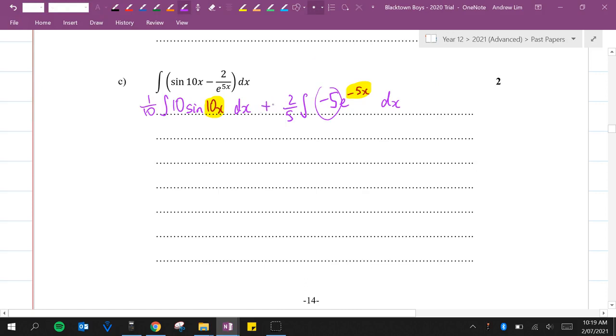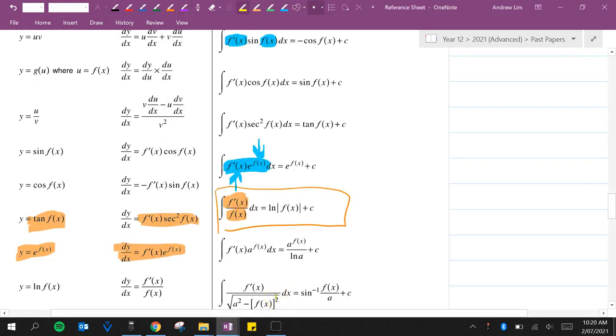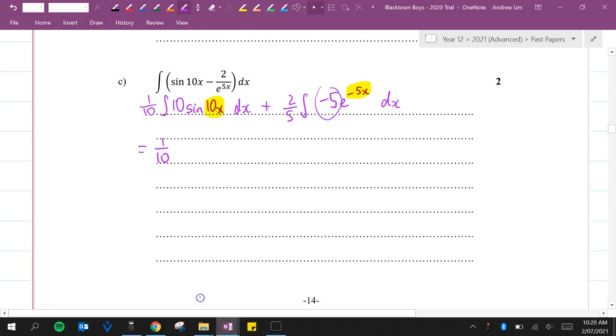And now we can integrate. So we have 1 over 10. What do we get when we integrate sine? When we integrate sine, we get negative cos. So we'll just put a minus sign at the front of that. Cos f of x, which is 10x, plus 2 over 5.